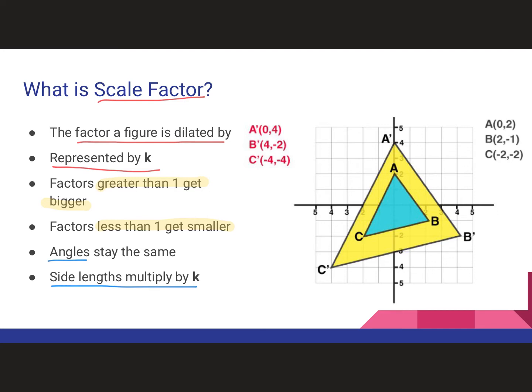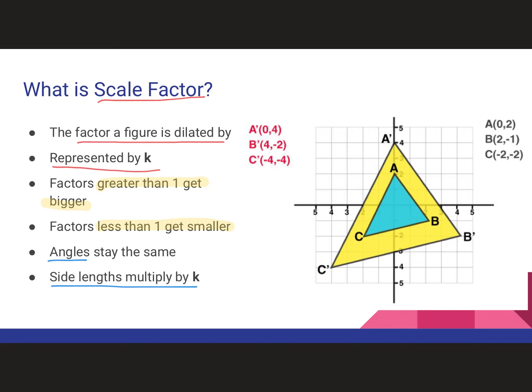So you can see here in this figure, it starts out right here at these points, which look like about, let's say this is -2, -2. This looks like about a 2, -1, and this looks like a 0, 2. So you take those, you see them over here, and you multiply the points by the scale factor.